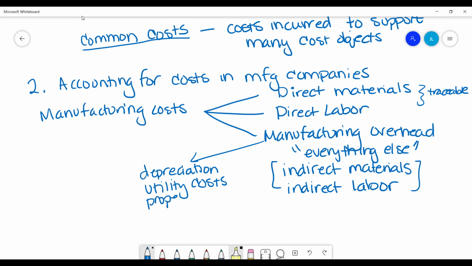Property taxes, right? If property taxes need to be paid, it's a necessary cost, but it's probably not so practical to try and trace a specific percentage of those taxes to any one unit of product. And another example would be insurance premiums. So those are just some examples of manufacturing overhead.